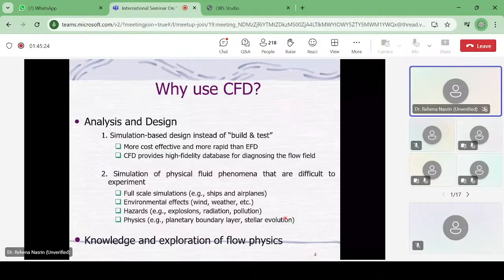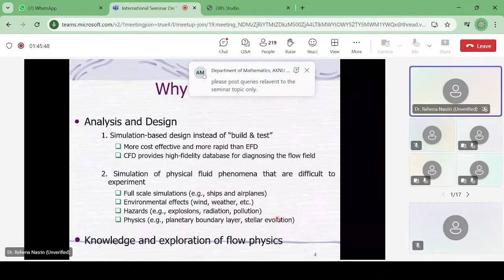It is more cost effective and it provides a high fidelity database for diagnosing the flow field. Even from CFD analysis, we get many data, like 2,000, 3,000, 1,000 data.